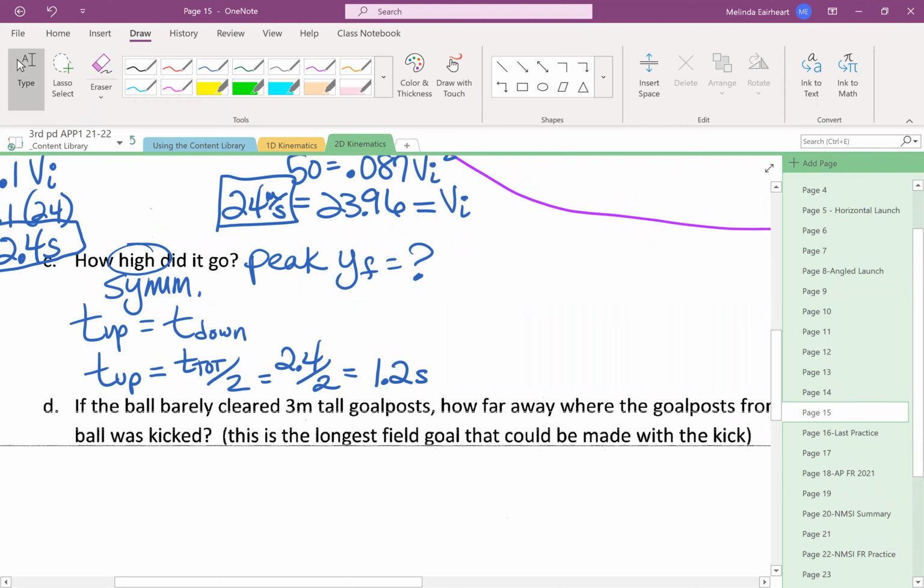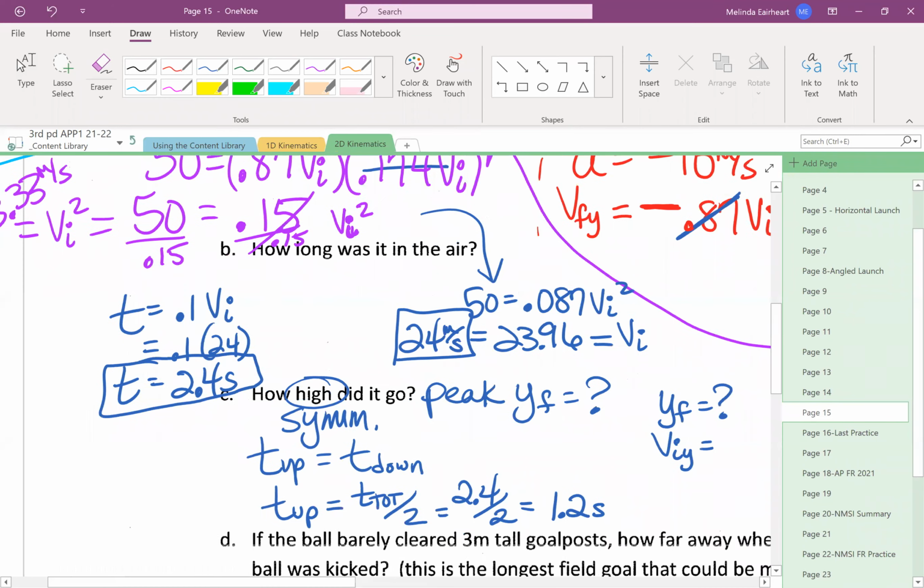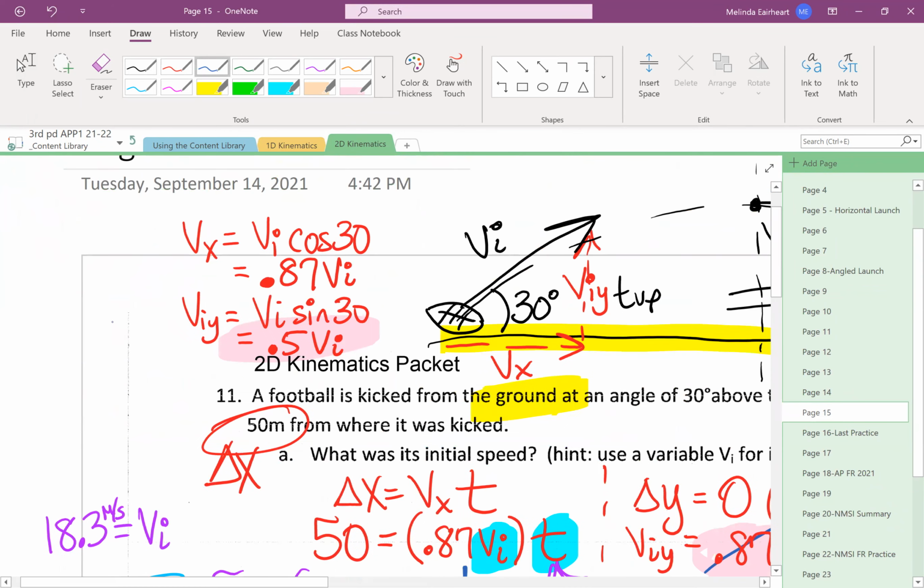Now, what else do we know? We're looking for that final vertical position. Can we find the vertical initial component of the velocity? Earlier we said that the vertical was 0.5 times the initial velocity.